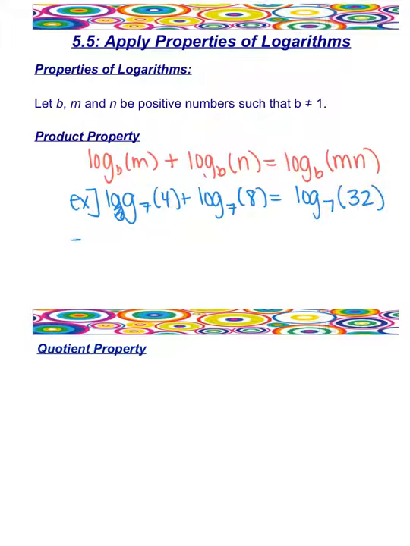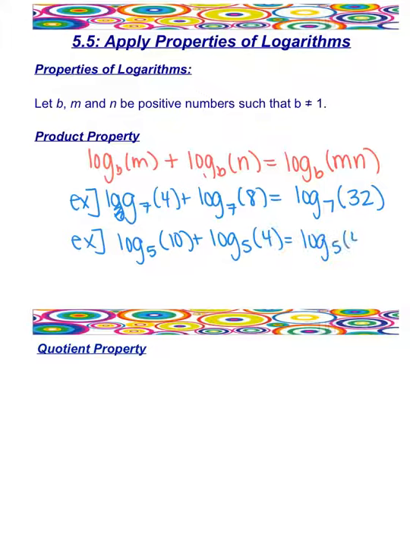Let's do another example. Let's say I have log base 5 of 10 plus log base 5 of 4. Well, I could simplify that and say that's log base 5 of 40. What if I had log base 8 of x to the 4th plus log base 8 of x to the 11th?